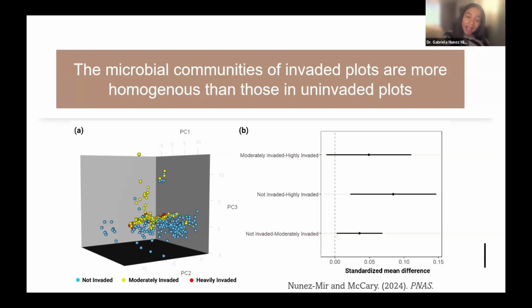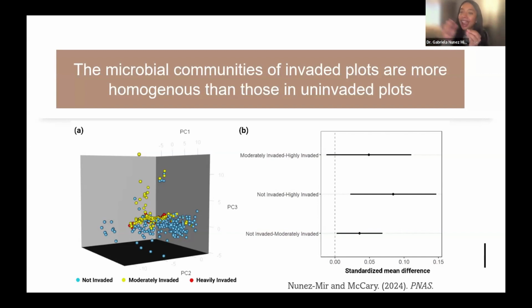So if you turn your eyes to this 3D diagram, you can see that the blue dots, which are those native, uninvaded plots, are all over the place, which means that the microbial communities within these plots are very different from each other. But you can barely see, you can't see the red ones, right? They're all clustered in one spot.